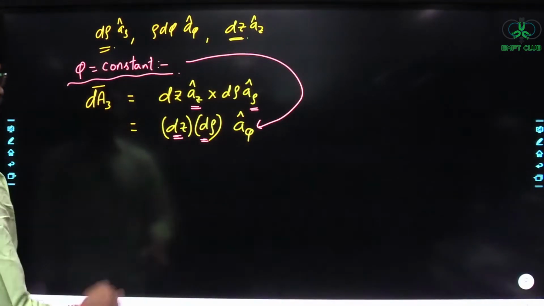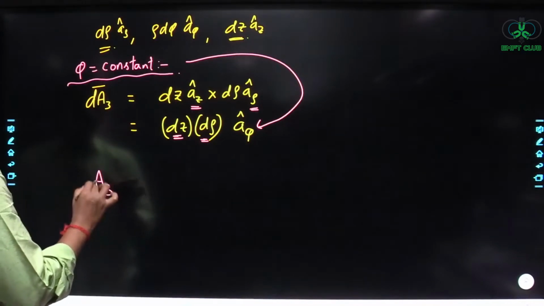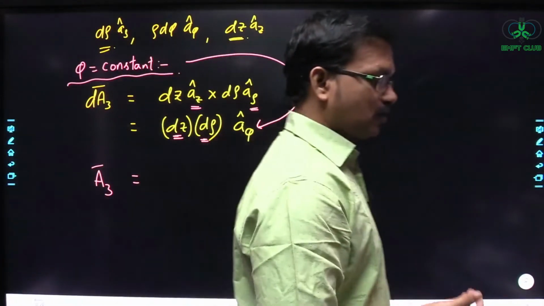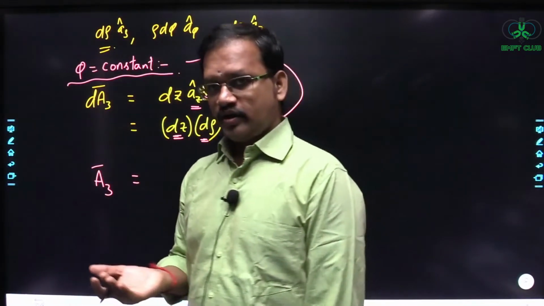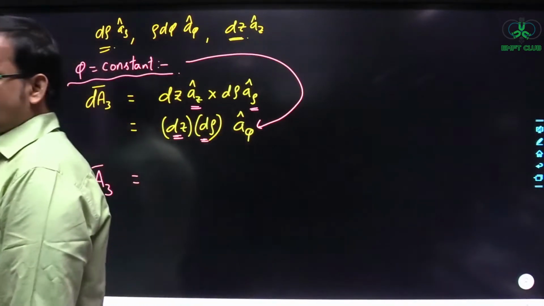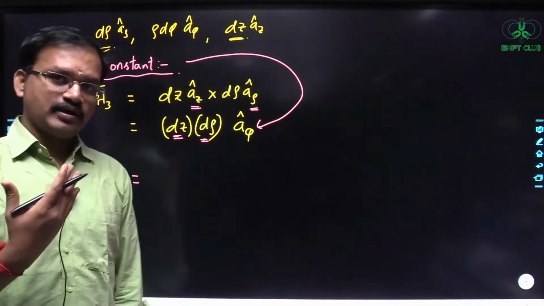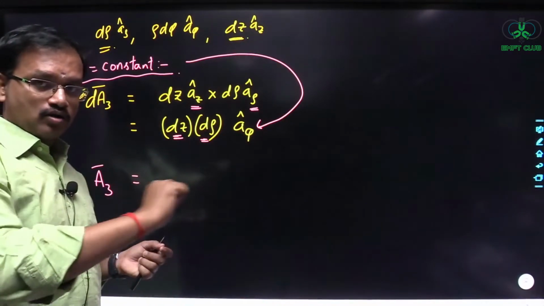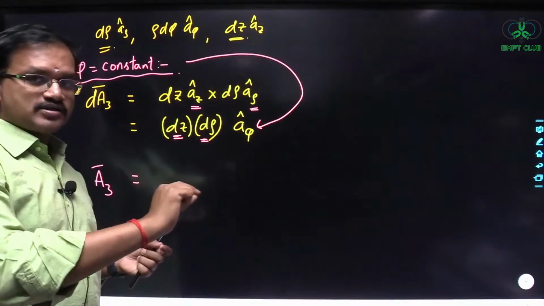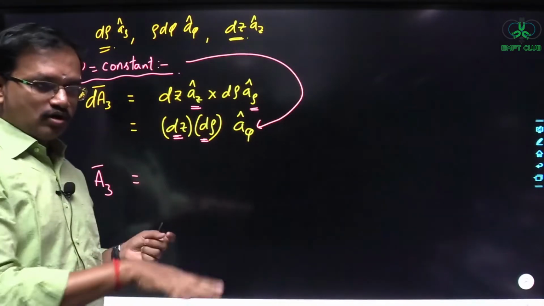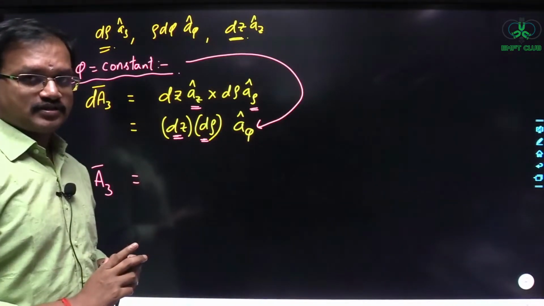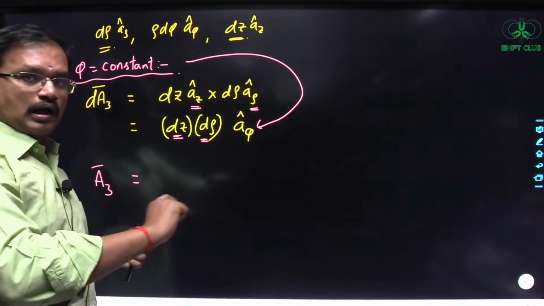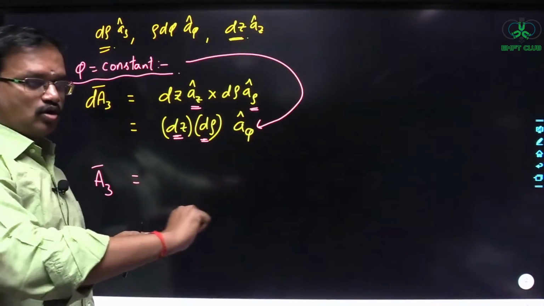So now see here, what is the total surface area you are going to get? Here it is very simple. The variables are only z and rho. See, as you move along z, you are going to move along a straight line path in the upward direction. If you move along rho, you will move along a straight line path which is parallel to the xy plane.